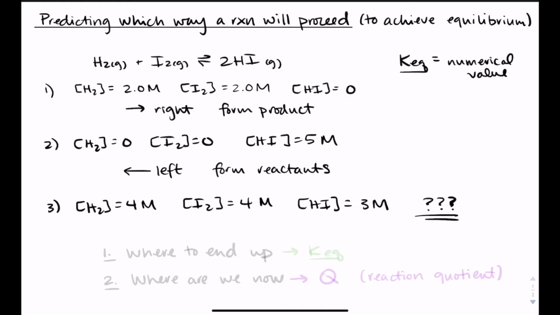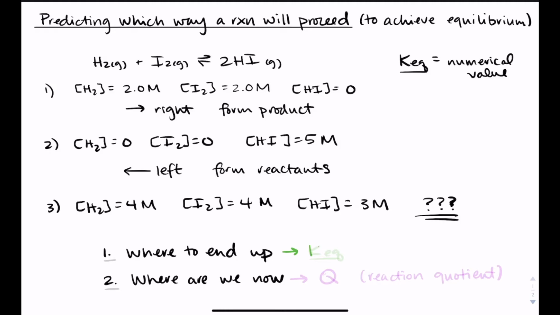If you want to know which way a reaction is going to move, first you need to know where you're trying to end up, but then you also need to know where you are. Where you end up, that's the equilibrium constant. At equilibrium is where we are trying to be.